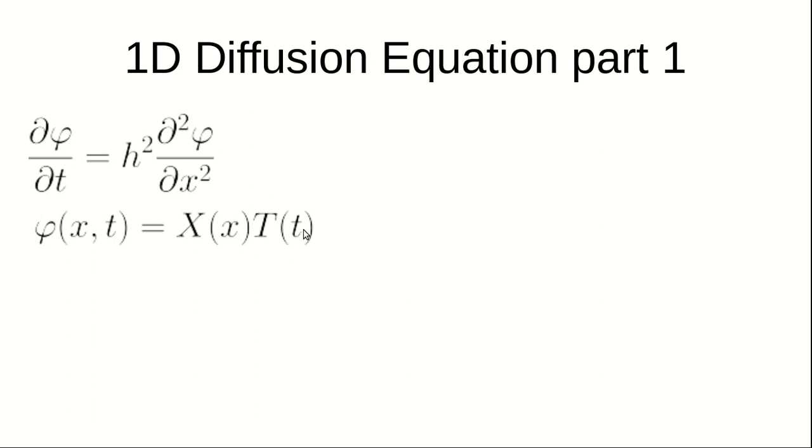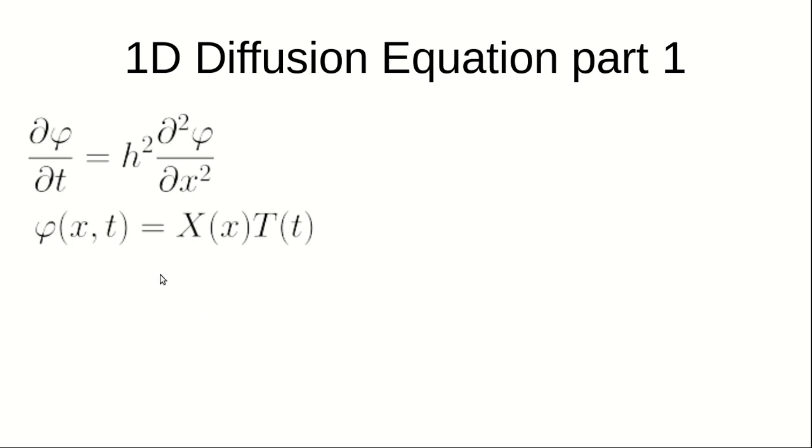This T is the time part, this one is the space part. Now once we are able to determine the value of capital X and capital T, then we substitute them back into this expression, and that's it.